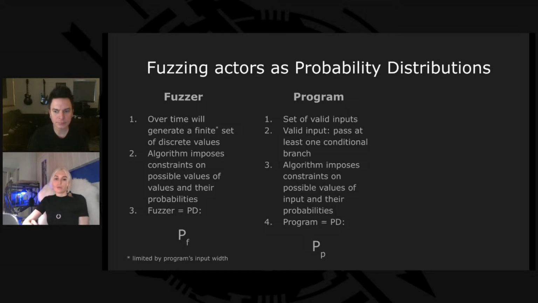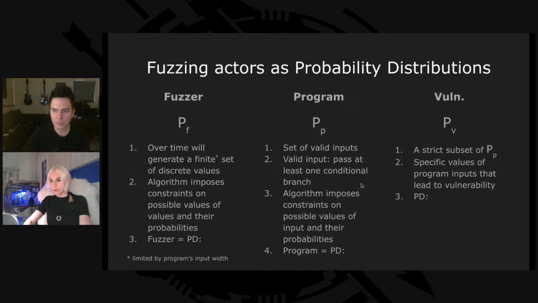A valid input can be defined as any input that passed at least one conditional statement, which is a validation. So there is this set of all possible inputs, which covers all possible branches in the program and all possible combinations of its execution. And this set, you can also think of as a certain probability distribution. Here I call it PP.